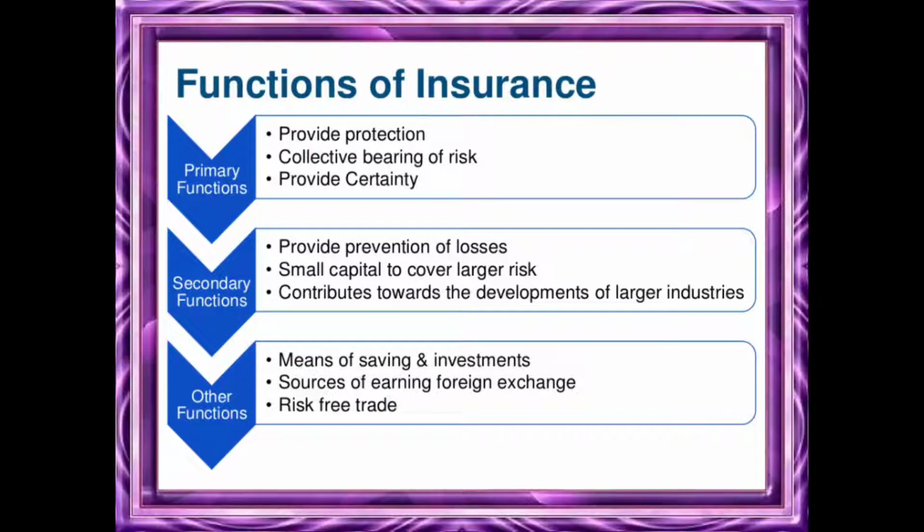Then some other functions: means of saving and investments, sources of earning foreign exchange, risk free trade. I will give a little explanation on each function. Besides these, there are many other functions also possible, but I have stated just the basic and very important functions here.